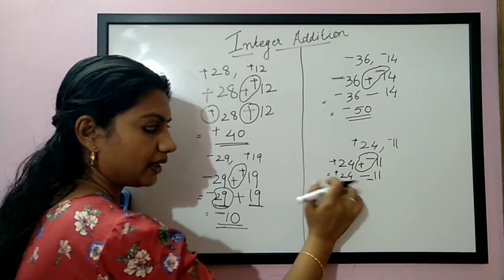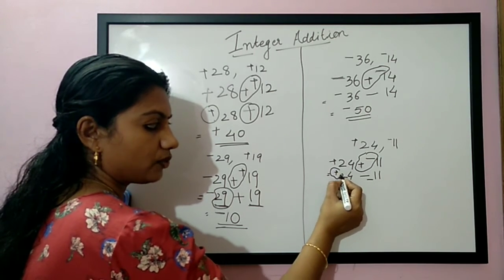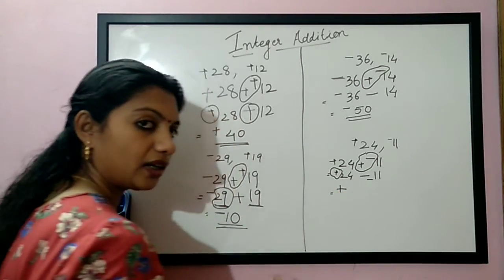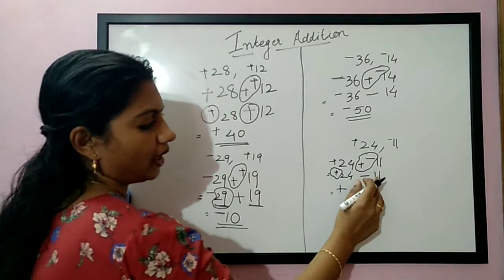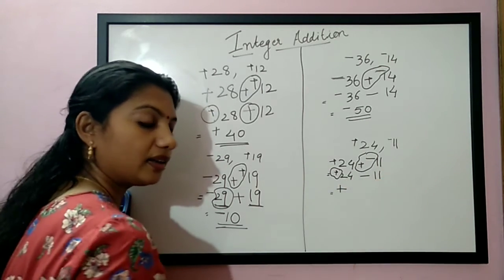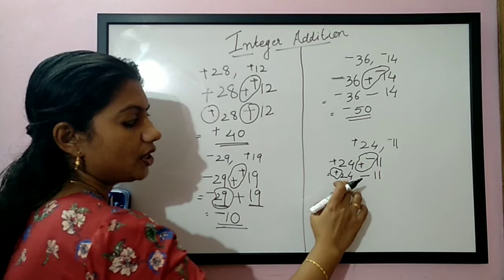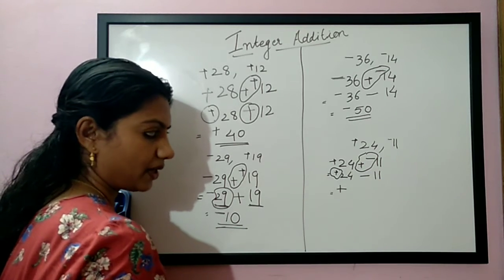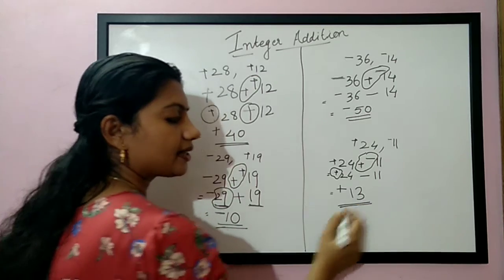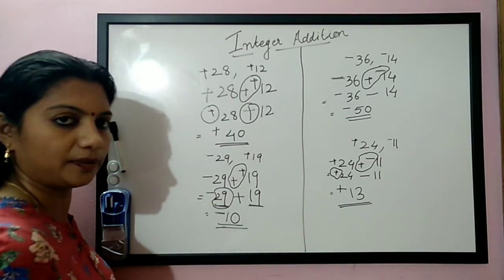The symbol of 24 is positive. So my answer will contain a positive symbol. Now I am subtracting 24 and 11. When I subtract, it is going to be 13. So my answer is positive 13.